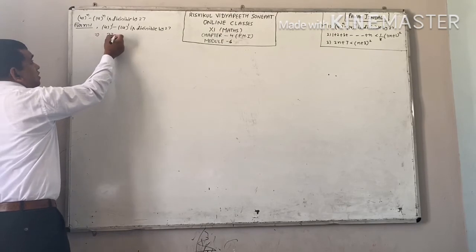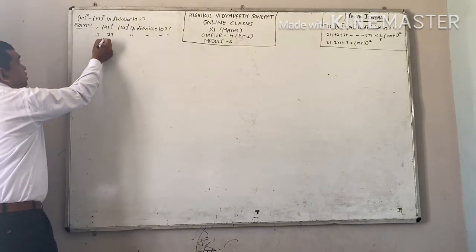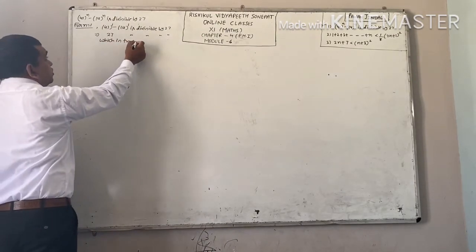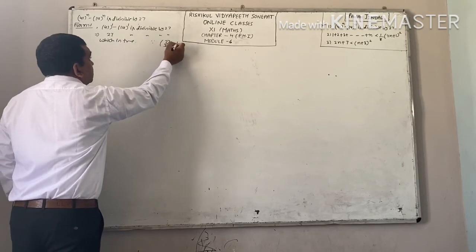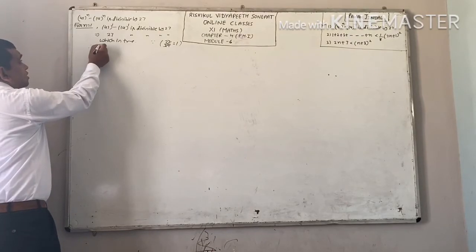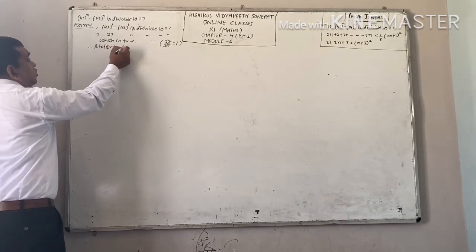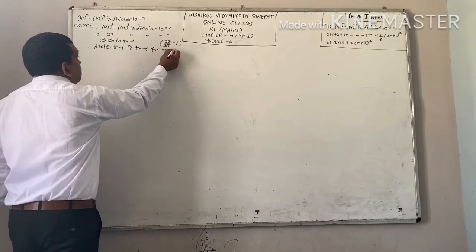This is your 27. 27 is divisible by 27, which is true because when you divide 27 by 27, therefore statement is true for n equal to 1.